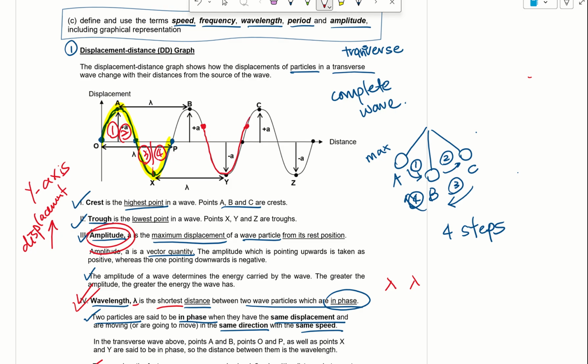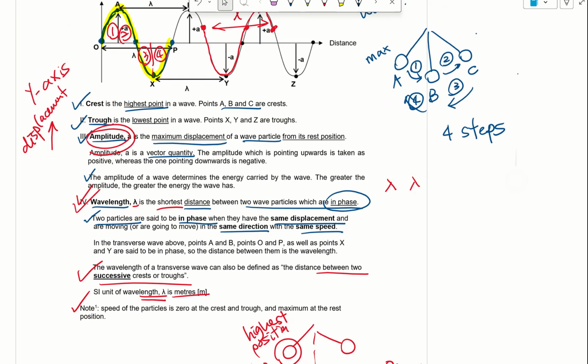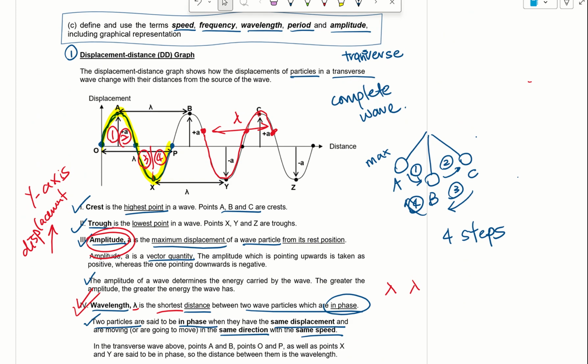It needs to go past the other maximum position, and then these will be 2 particles that are in phase, and this will be the wavelength. So that is for the displacement distance graph.